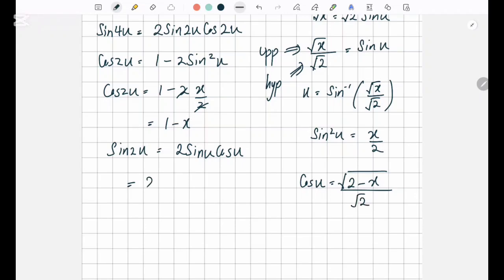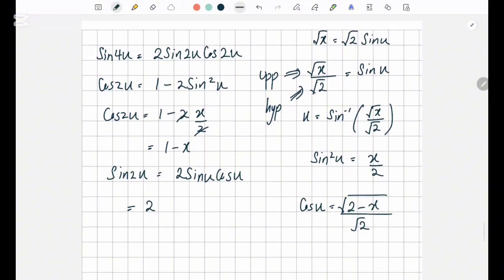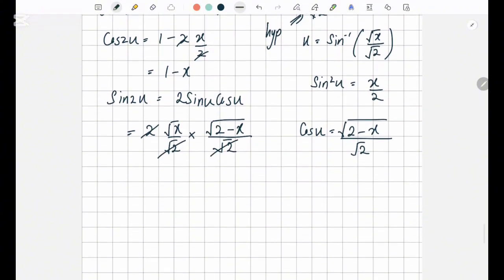Okay, so now sine 2u, you could write as 2 into sine u, which is root x over root 2, and cos u, which is root 2 minus x over root 2. You can see the 2's will cancel off with root 2, and you can write sine 2u equals root 2x minus x squared.